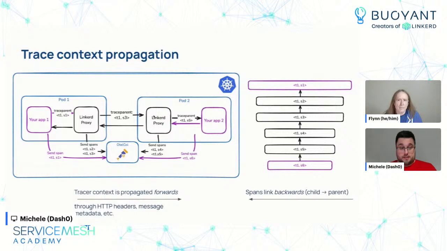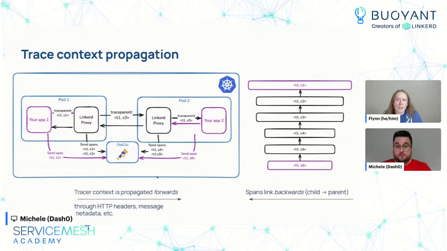The proxy on the right-hand side receives the HTTP request, sees the traceparent header, and says, cool, I'm going to trace this, and I'm going to create a span, the parent of which is S3, the span that came in with trace context. Within the proxy, the trace context is updated because the new span is going to be S4. It is updated again when the request is sent out to the application, and so on and so forth.